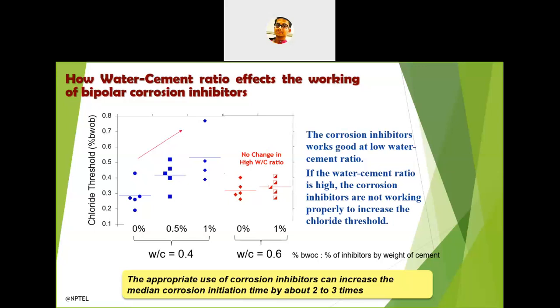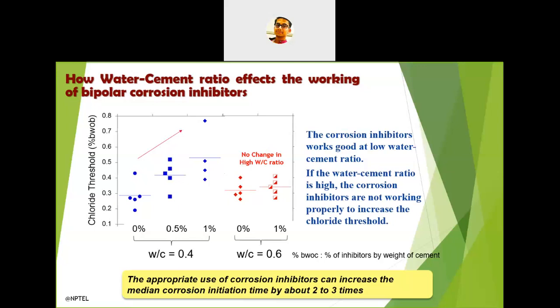Now what is chloride threshold? It is the initiation time of chloride induced corrosion. It is about how long you can keep the concrete structure without any chloride induced corrosion.